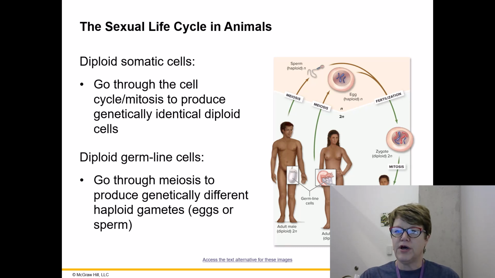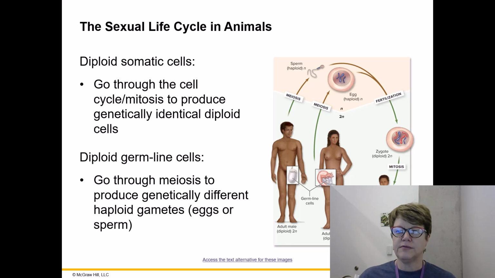So in the animal body, most of the cells are somatic, and then a small group of cells in the testis or in the ovary can go through this other kind of cell division. Meiosis is important, but it's not the most common kind of cell division in the body overall. It is important because it's what produces the haploid gametes, which we call eggs or sperm.